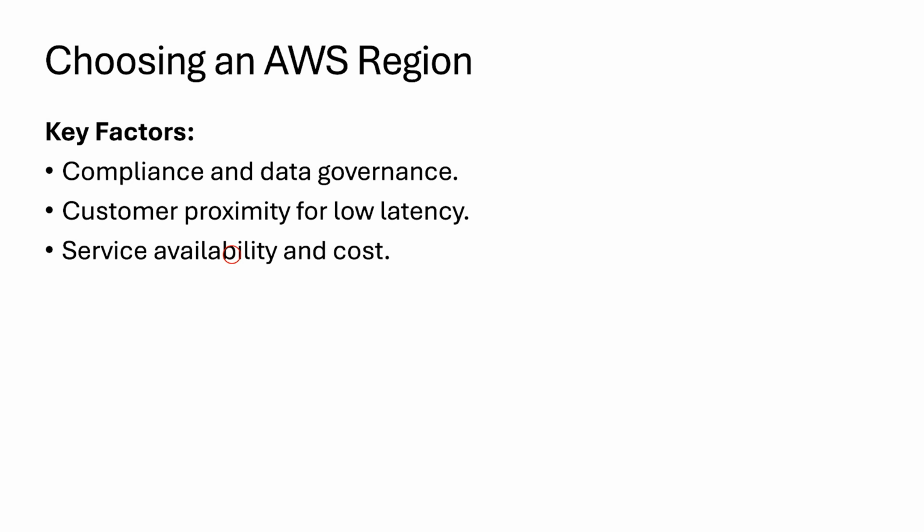US East 1 may have some services, and AP Southeast 1 may not have the same services that are in US East 1. So remember, most AWS services are region specific. That means if one region has a service, it is not guaranteed that the same service is present in another region. It may or may not be present. So you need to remember service availability.